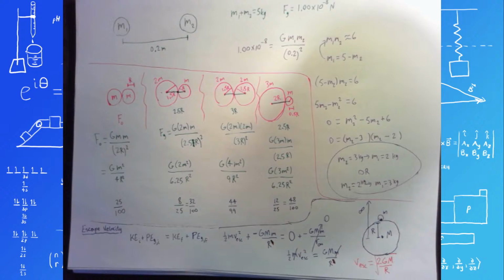So for Earth, what would that be? Let's see, square root of 2 times 6.673 times 10 to the negative 11 times mass of Earth, which is 5.98 times 10 to the 24 kilograms, over radius of Earth, which is about 6.38 times 10 to the 6, and I'm getting 11,184.48 meters per second.